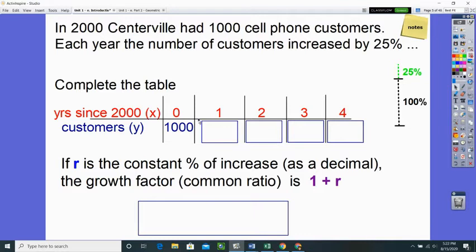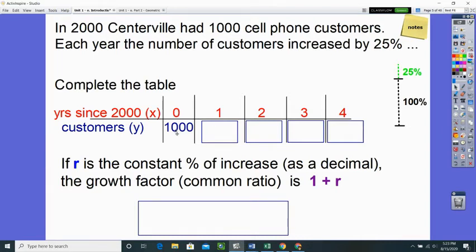Now, what is 25% of 1,000? If you take your calculator and change the 25% to a decimal, think about what that would be. Did you say 0.25? If you take 1,000 times 0.25, that will be the increase. That's going to be the amount that's going to be on top of what you already had.